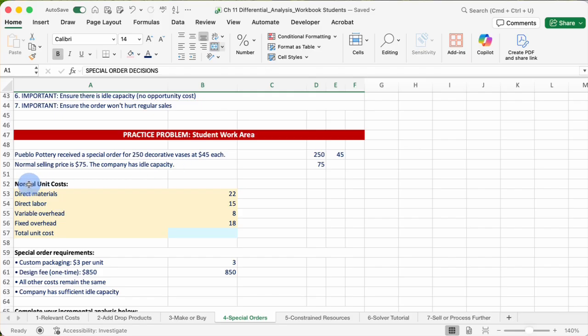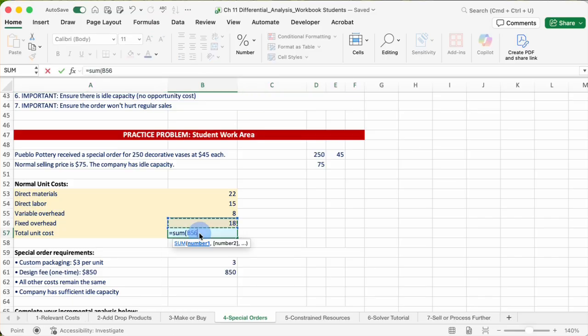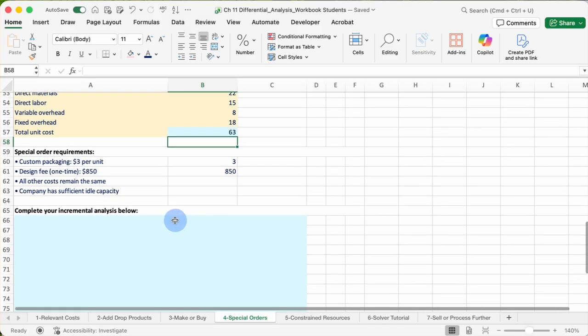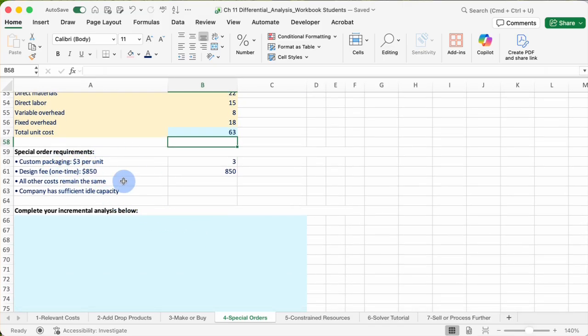So the normal unit cost is $22 of materials, $15 of labor, $8 of variable overhead, $18 of fixed overhead, and if we use the sum function, equals sum, we can add those all together to get a total unit cost of $63.